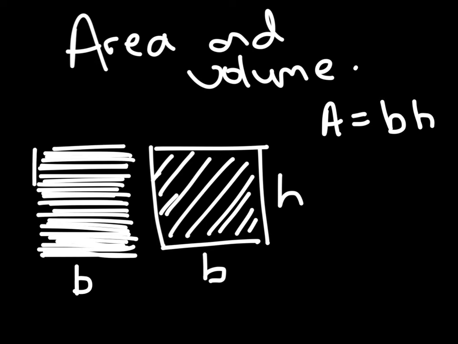So to find how many lines you would have, you would add all these bases, or simply times base times the actual height, or how many of those lines you would have. So that's just a quick explanation of why the area of a rectangle is base times height.